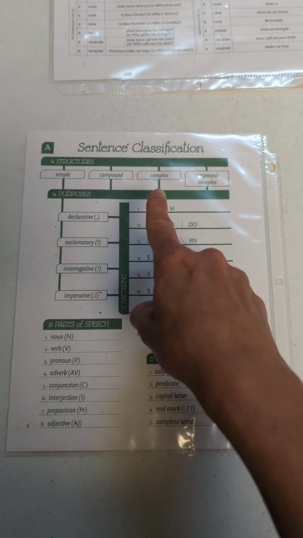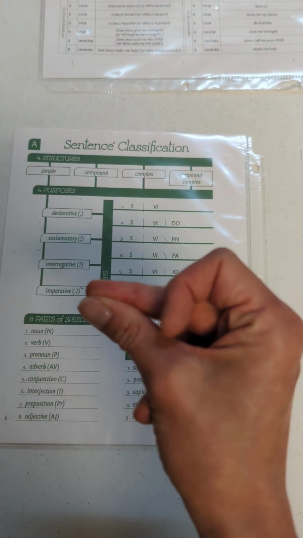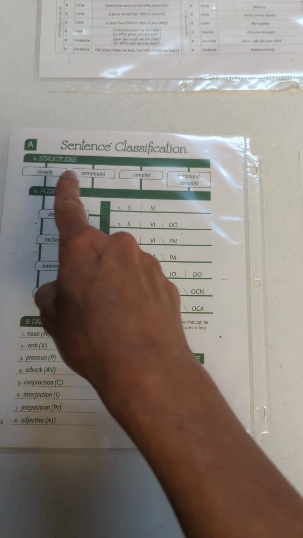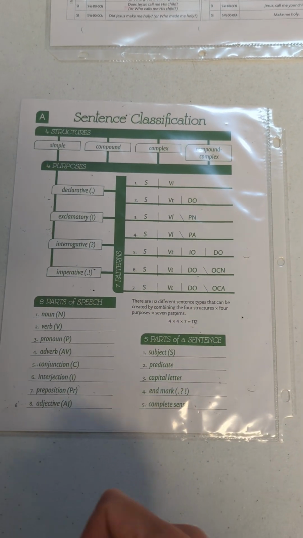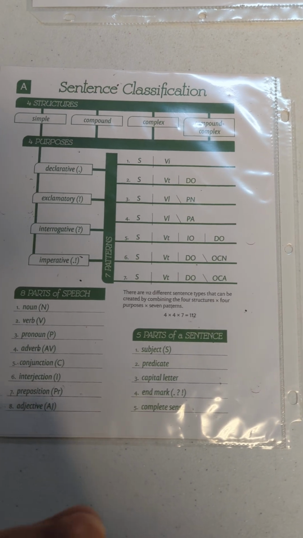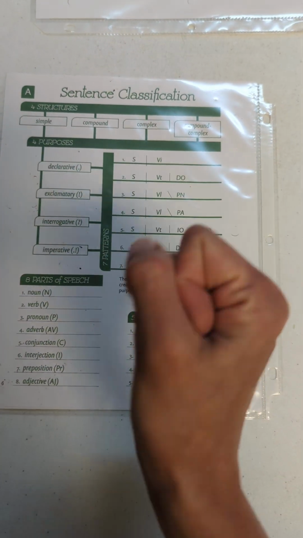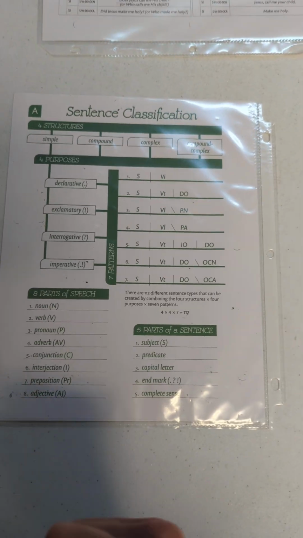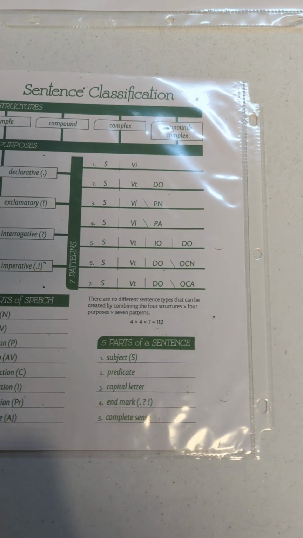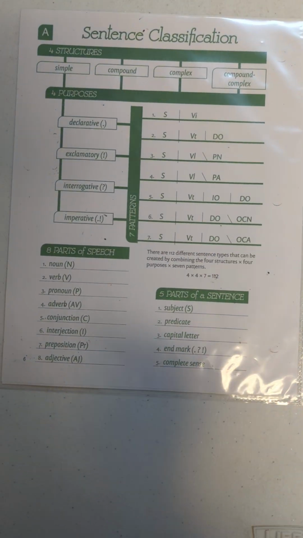For complex, we'll snap, and then compound-complex. So it sounds like this: simple, compound, complex, compound-complex.